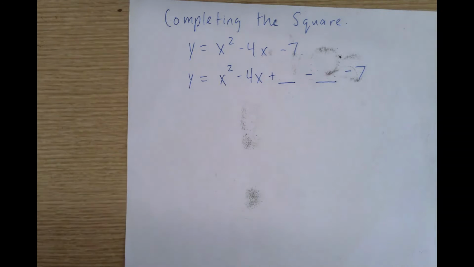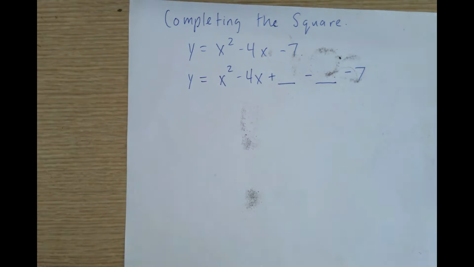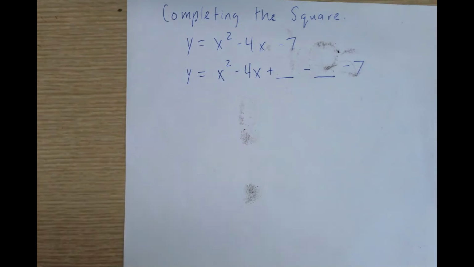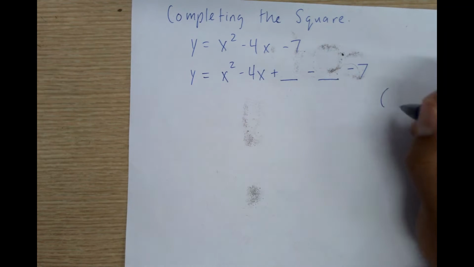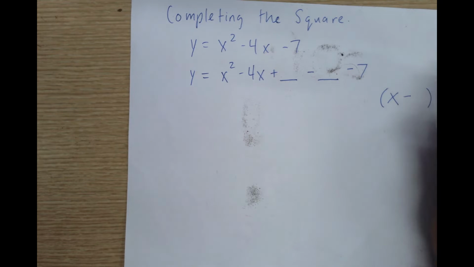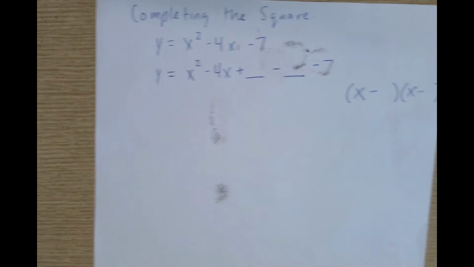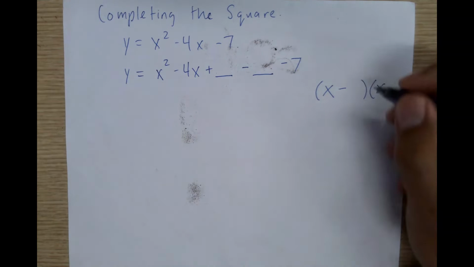Okay, so the number we're going to add here is going to be this number. It's going to be negative b over 2a and then squared. But I want you to think about this. If you guys remember how to factor, if I had x minus something, times x minus something like this, then I would, let's just say that I had, in this case, a.